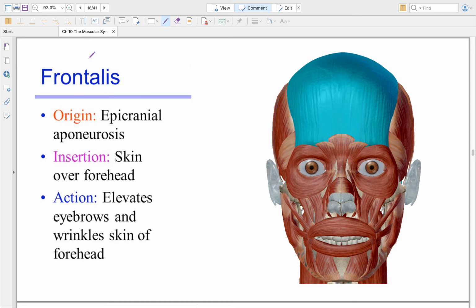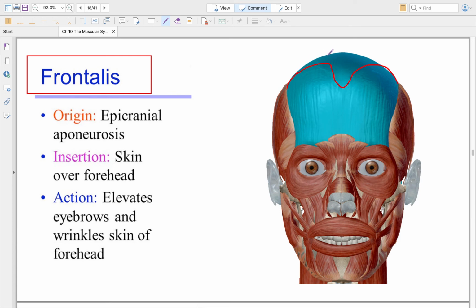All right, the first muscle I want to introduce is called frontalis. And the good thing about this is that it's on the frontal bone, so it's not surprising that it's called the frontalis. Okay, now the origin is called the epicranial aponeurosis, and it's this kind of fascia membrane.